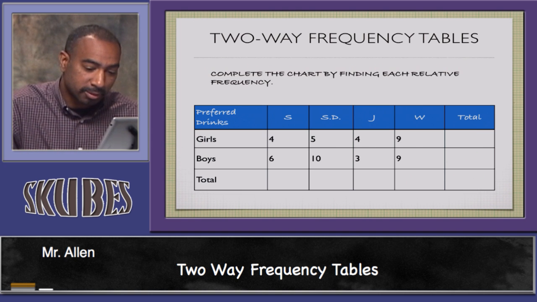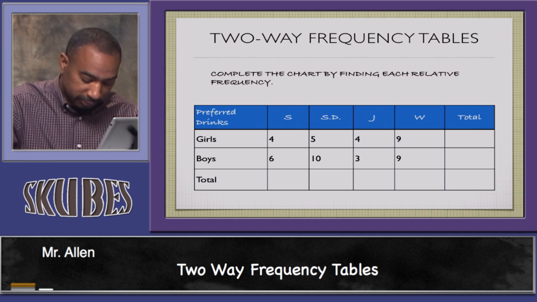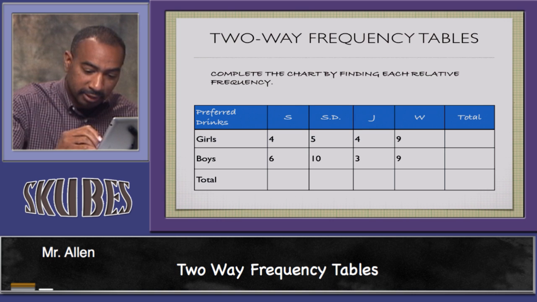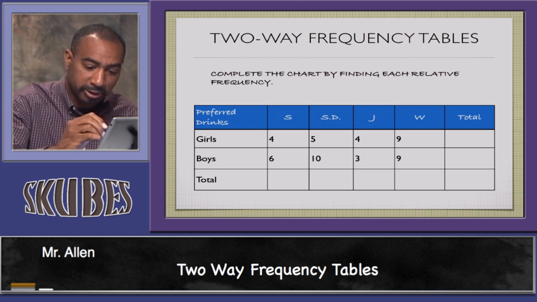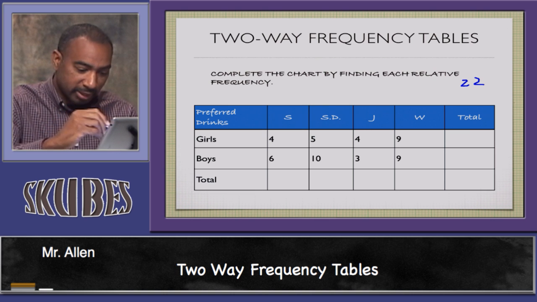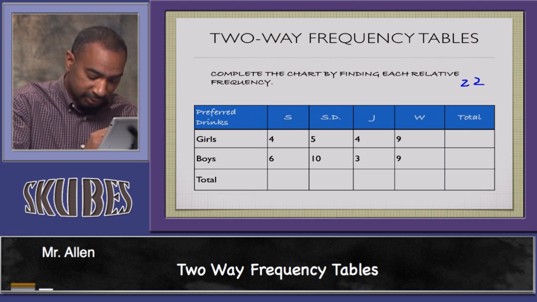All right, complete the chart by finding each relative frequency. We're going to do the same thing as we did before. You're going to get the percent of each. So remember, this is a total of 22. In this case, you're going to get 8%.